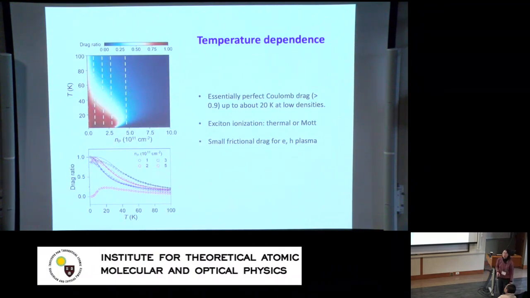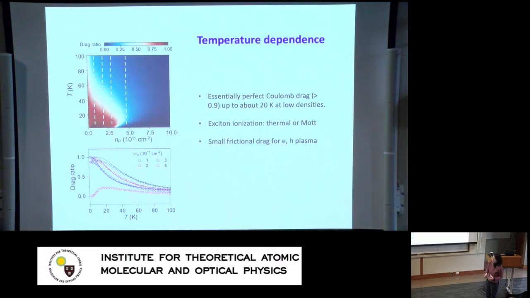So what's the reasoning for why, I get the left side and the right side of the diagram, but there's a sliver in there where at zero temperature you get very little drag, and then as you increase the temperature, drag returns, and if you keep increasing it, it falls off again. Above here? Yes, the red and the blue, in the top figure. There's a little overhang here where at zero temperature the blue is the drag ratio between 2.5 and 5.